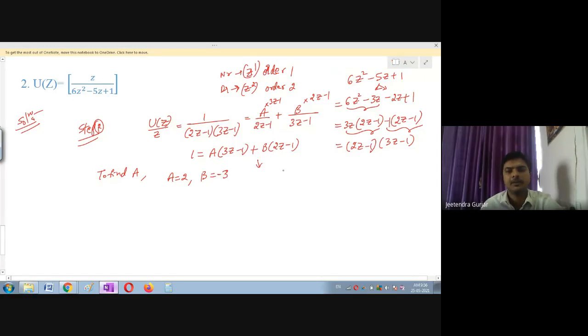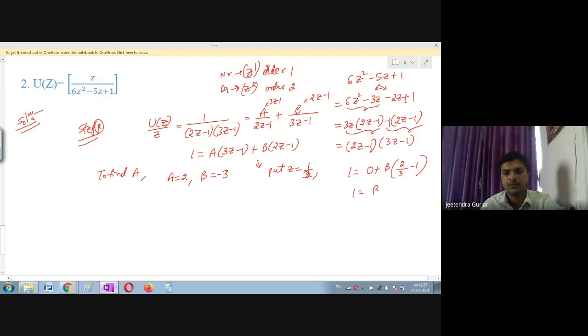Otherwise, I will simplify this. No problem. I will simplify very fast. See, so just put z is equal to 1 upon 2. Or if I want to find B now, I will take 1 upon 3. So this is going to become 0. So 1 is equal to 0 plus B into 2 upon 3 minus 1. So this is 3.